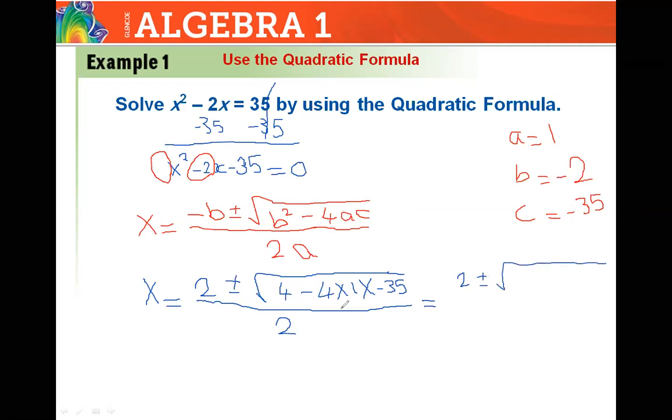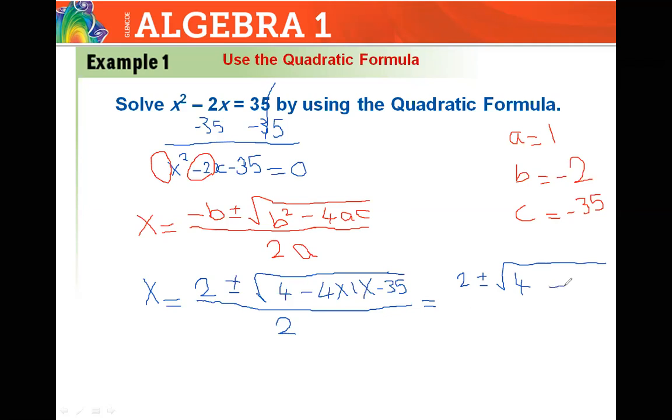And calculate. First, we write here 4, and then minus negative 4 times 1 equals negative 4. Negative 4 times negative 35 equals 140.